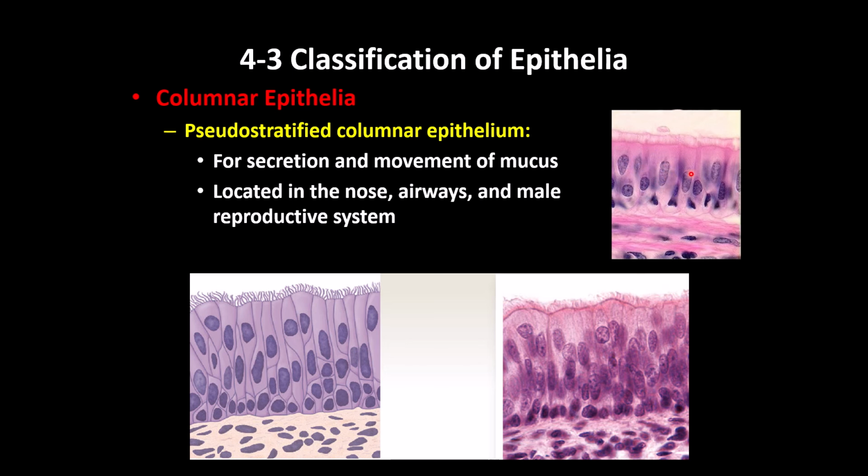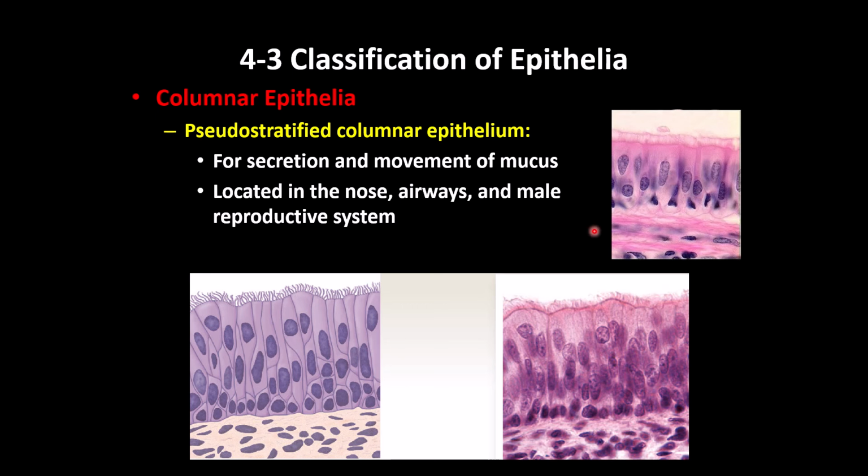Some of these nuclei are in the middle, and some of these nuclei are here in the lower part. So all of them are attached here to the basement membrane. Okay, all of them are attached to the basement membrane. So this is called pseudostratified. Looks like multiple layers, but actually all of them are attached to the basement membrane.